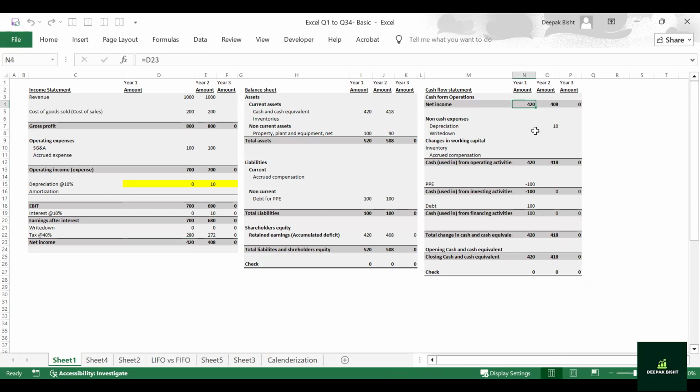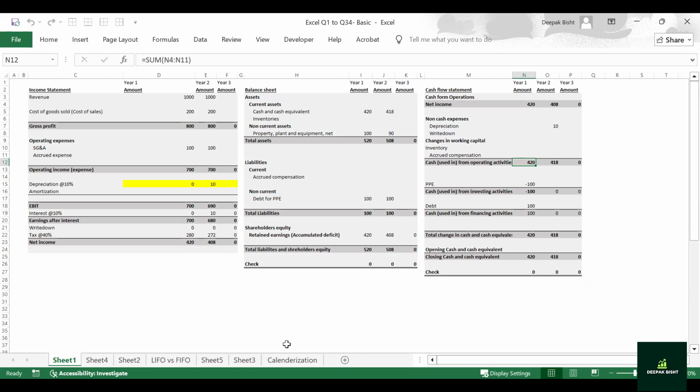One more common method to calculate free cash flow starting from net income is to add back the non-cash charges like depreciation and amortization, and you adjust for changes in working capital here, and you start from cash flow from operations.